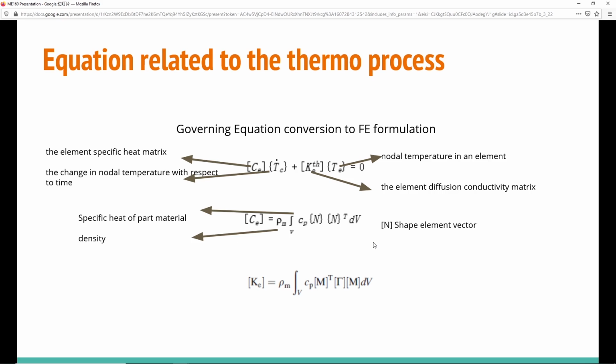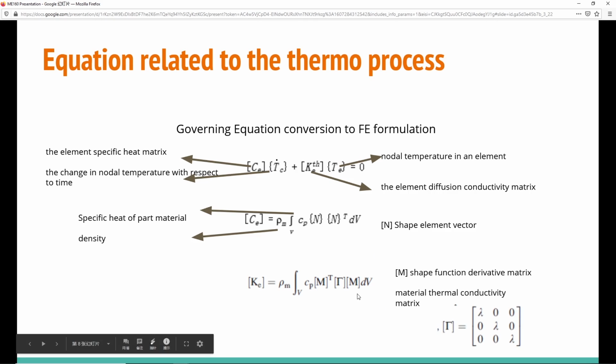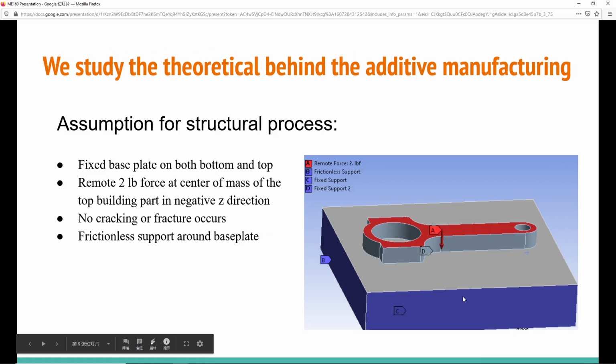And N is the shape element vector. For the equation KE, we have big M as the shape function derived matrix. As you can see, there's also a gamma here. The gamma represents the material thermal conductivity matrix. It can be expressed as this one.